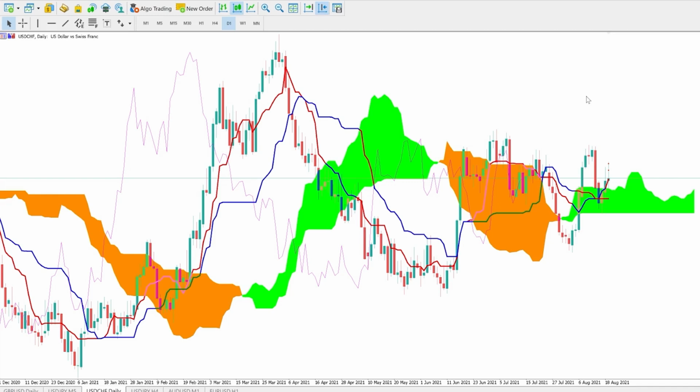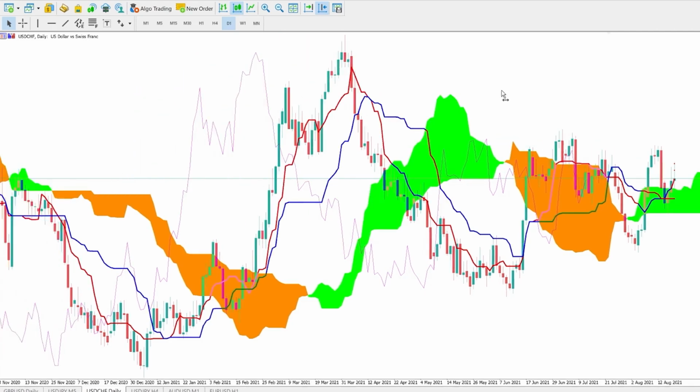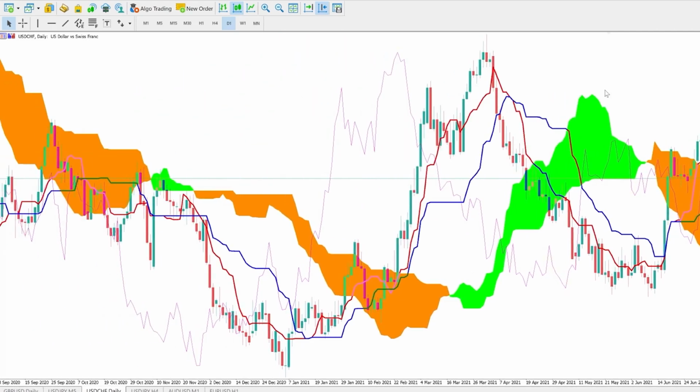We also discussed the two lines, Tenkan-sen and Kijun-sen, examined their interactions, and understood the various ways they influence each other. I explained the different forms these interactions can take and what each of them means.